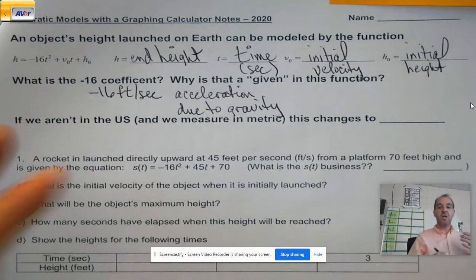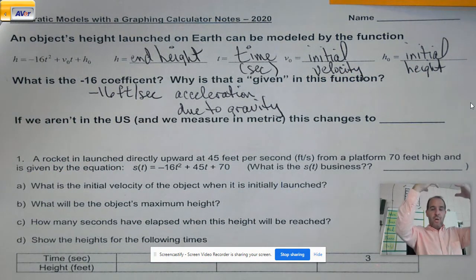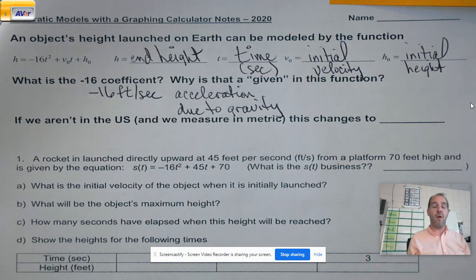In other words, gravity itself pulls things down. Otherwise, they'd float around forever. If you've ever seen people or objects on the moon, they kind of float because the gravity is different. Here, gravity makes things come back down. So that's the coefficient. That's the number, the speed at which gravity sucks things back down to the Earth.